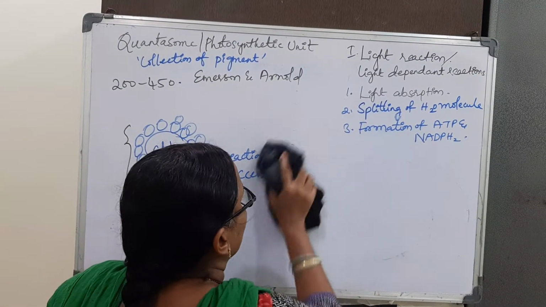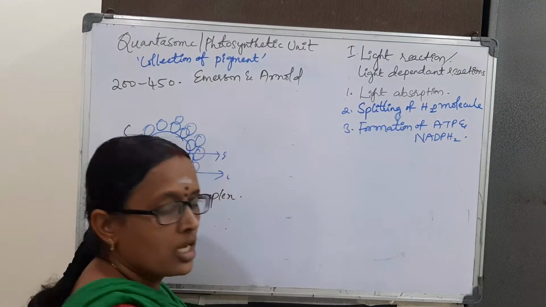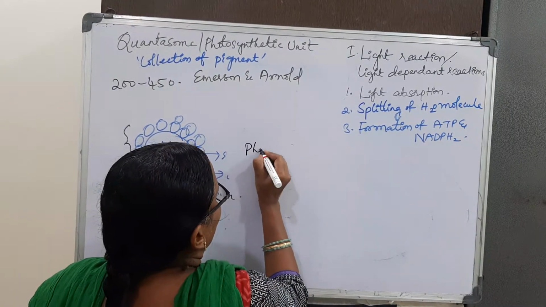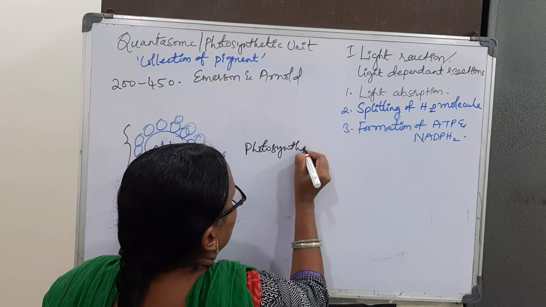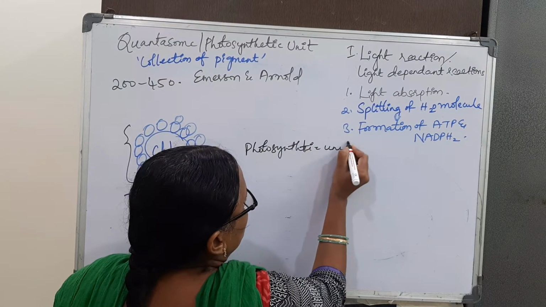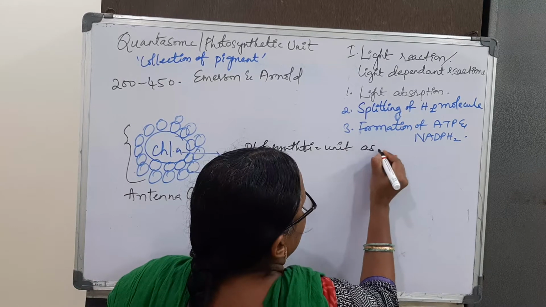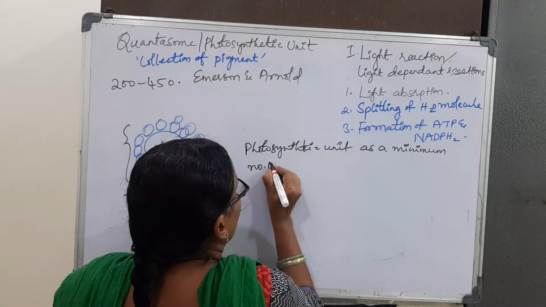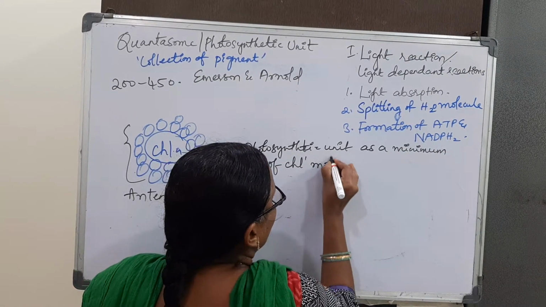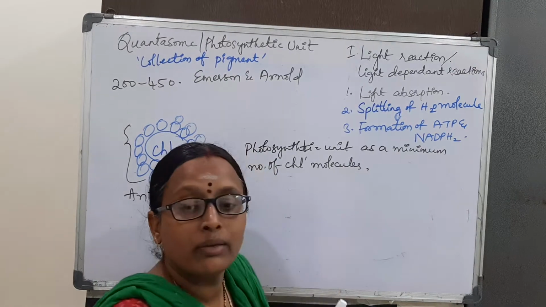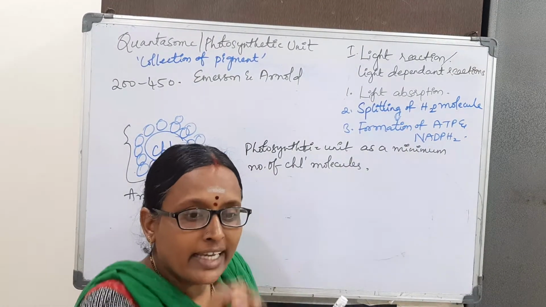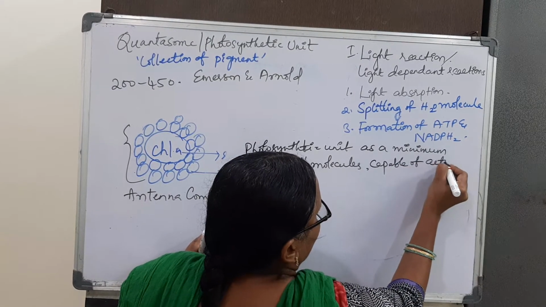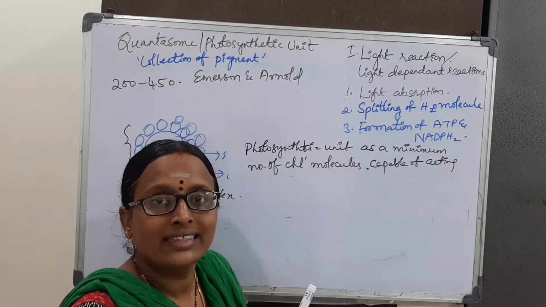So what they say is, the photosynthetic unit is the minimum number of chlorophyll molecules capable of acting collectively.